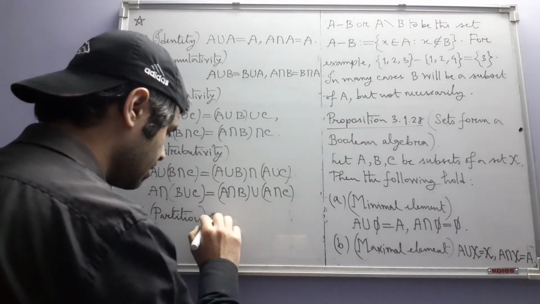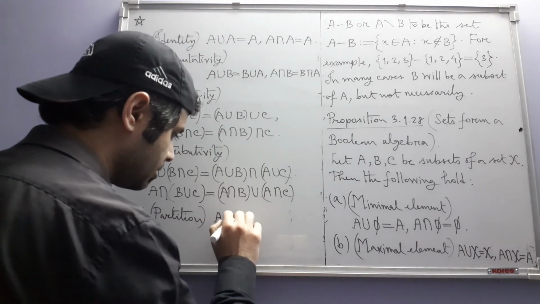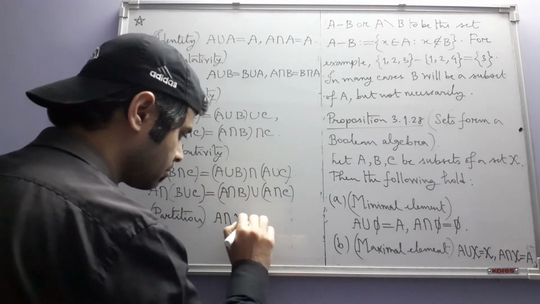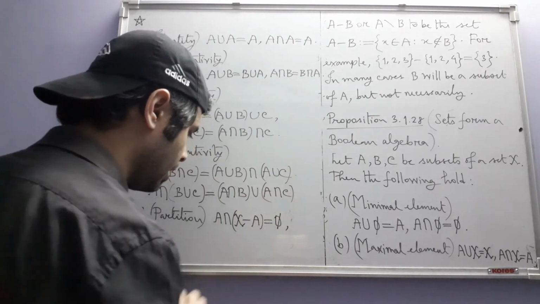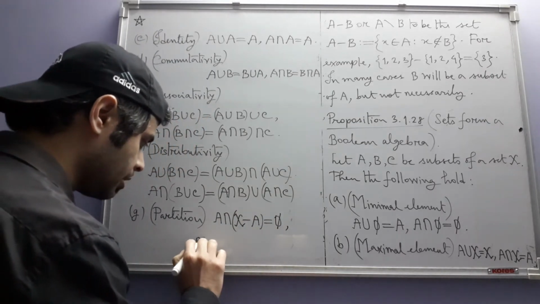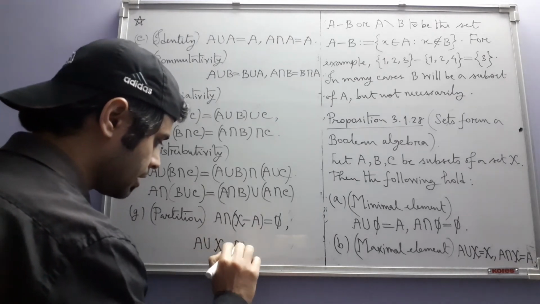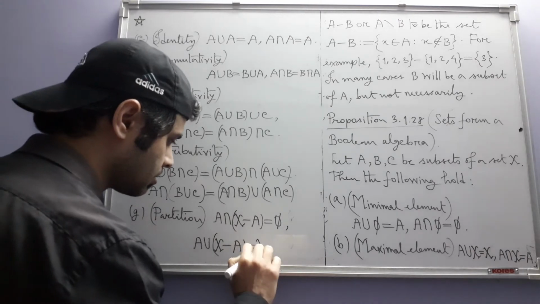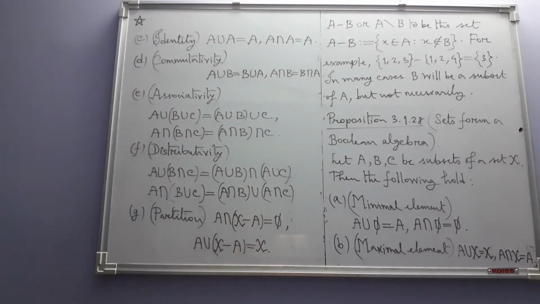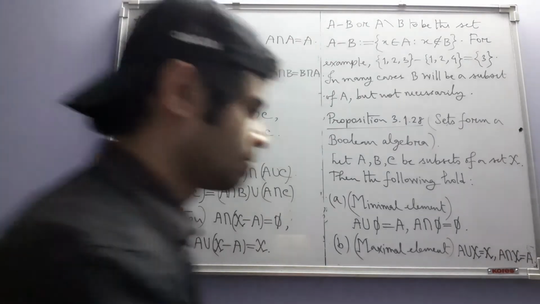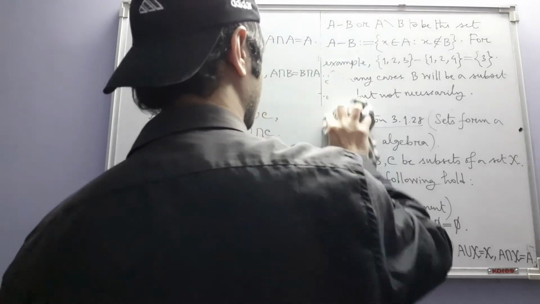It just says that a set and its complement are disjoint and their union is the entire set X, which in naive set theory we will call the universal set. And there is one more, the very important De Morgan's laws.